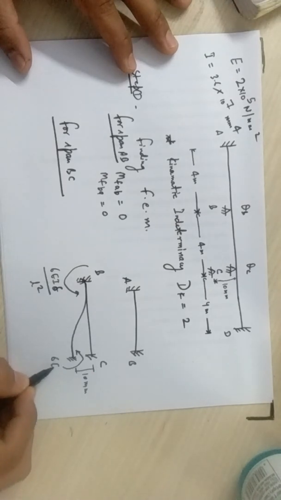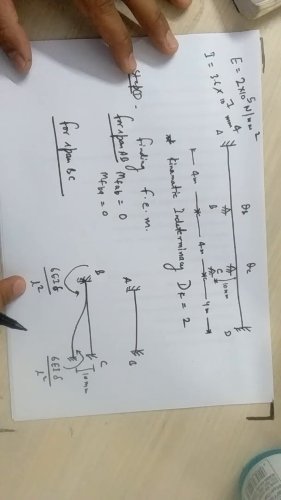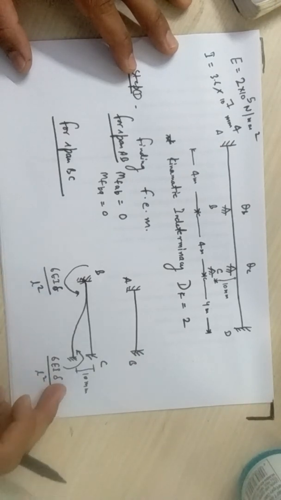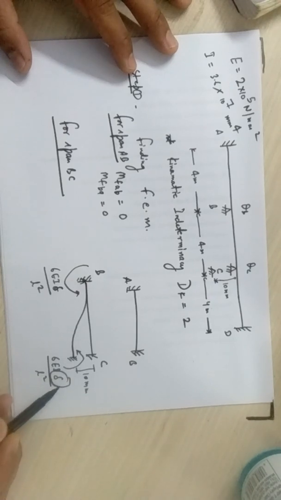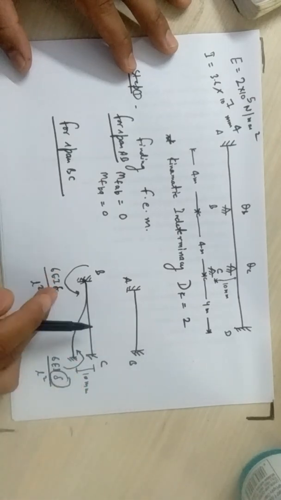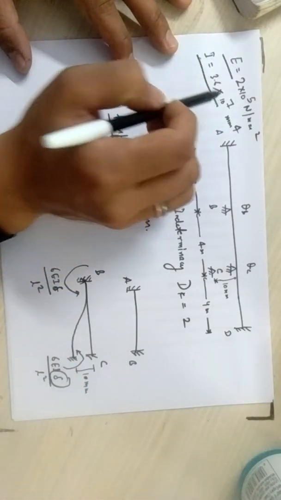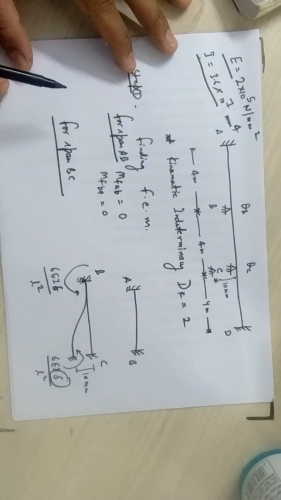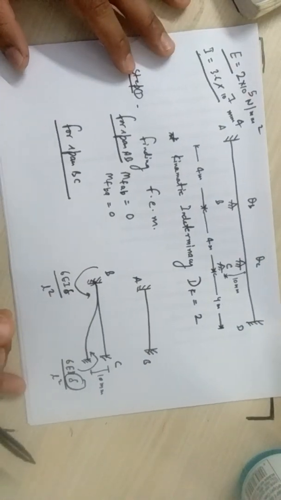Similarly here also 6 EI delta upon L square, where L is the length of span and delta is the magnitude of sinking. E and I are Young's modulus and moment of inertia.